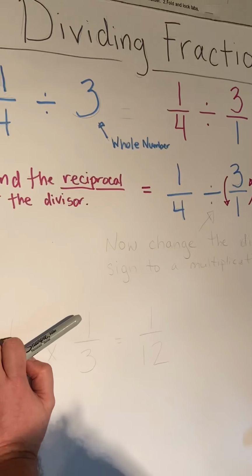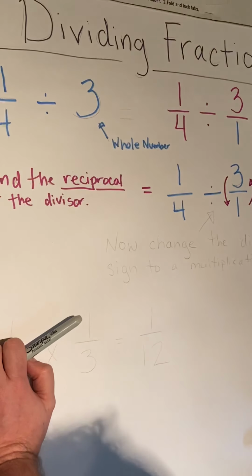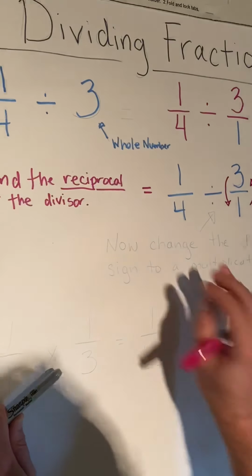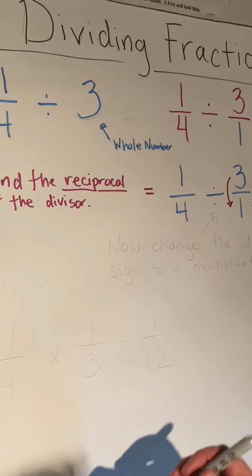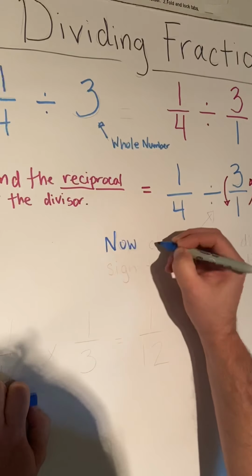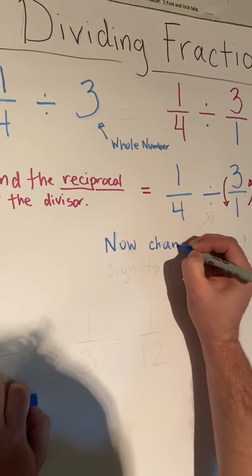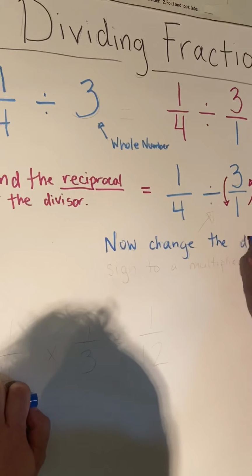But instead of dividing, now that we've found a reciprocal, this is where it gets easier. Instead of dividing, we are going to multiply. So now your next step is to change the division symbol.